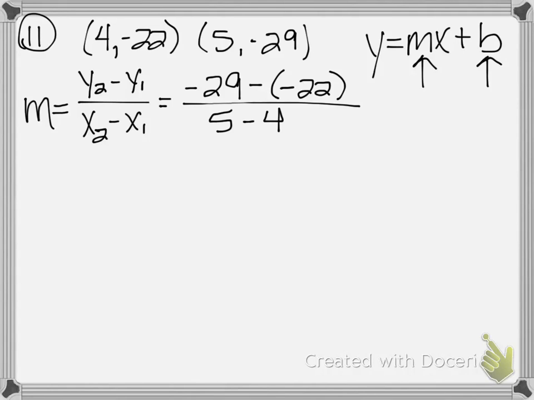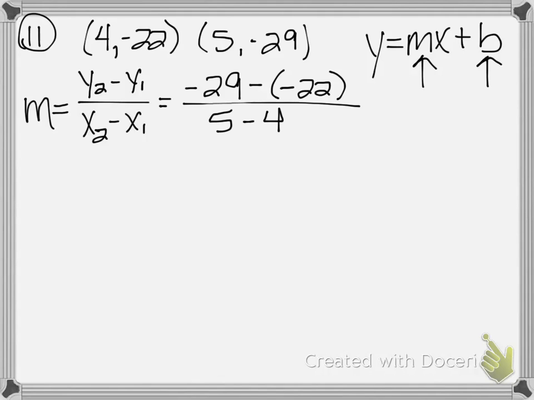And watch your signs. That's the number one mistake students make on these types of problems, is signs. I'm subtracting, so negative 29 minus negative 22. So many times students forget to put the negative 22. Well, it's already a minus. Well, okay, it's going to change your answer if you don't include that.